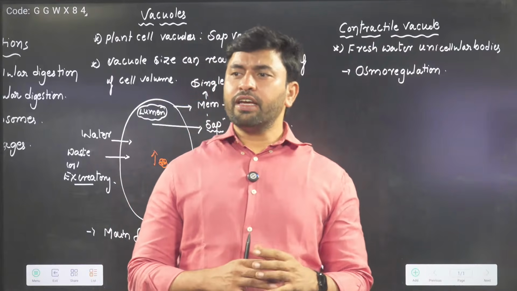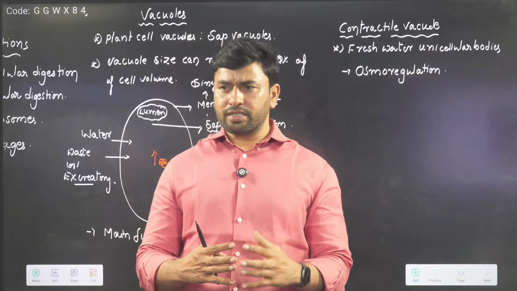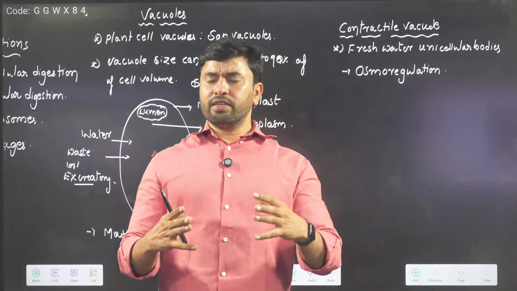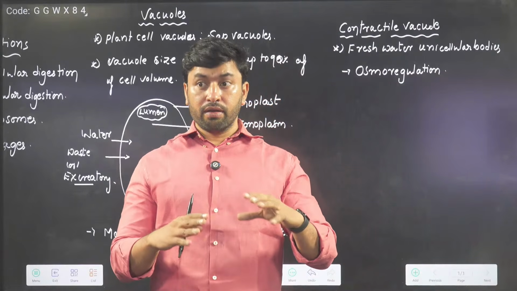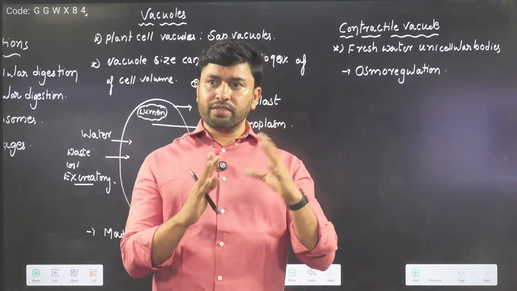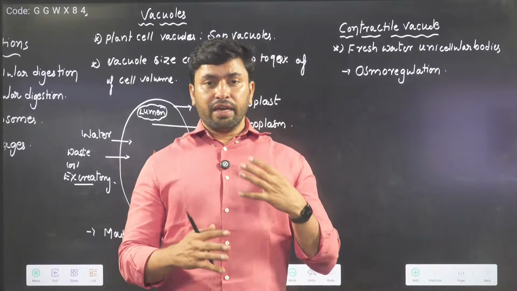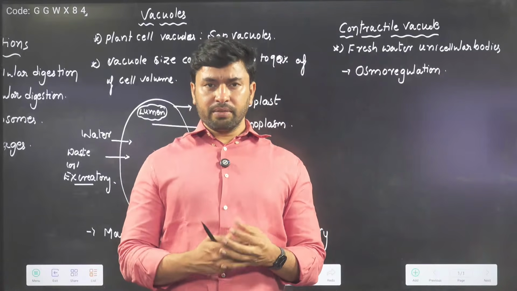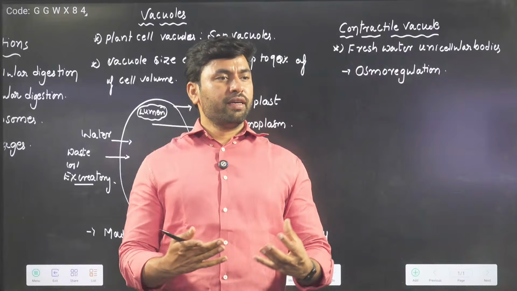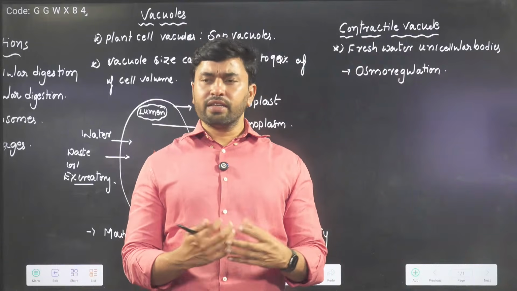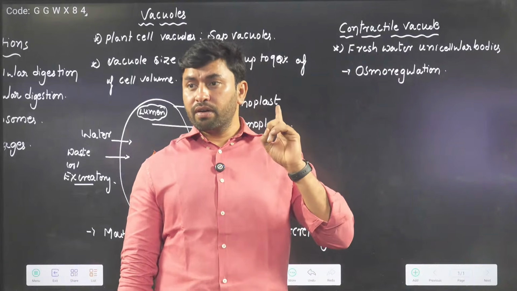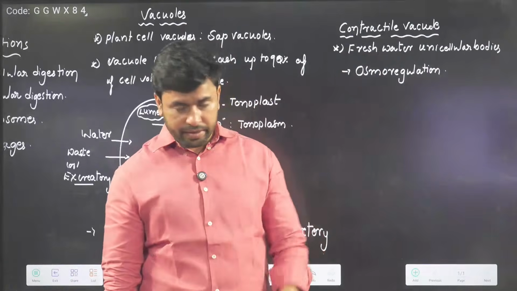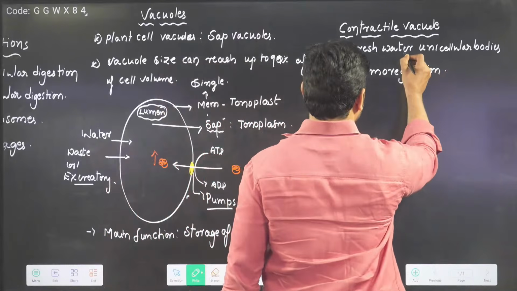Osmoregulation: maintain water concentration inside the cell. A cell's water concentration has to be proper. Excess or less, both ways the cell will die. So once excess water enters, the cell will expel it. If less water is there, the cell can take it in with the help of the contractile vacuole. This is one variety, found only in unicellular organisms.